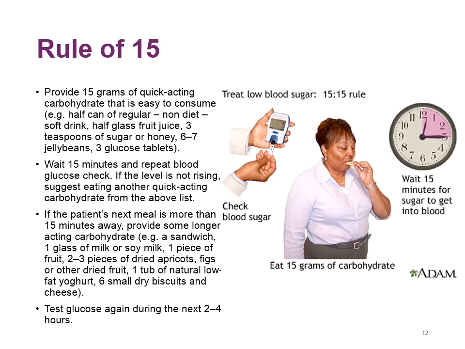And then wait for 15 minutes and recheck your blood glucose again. If your blood glucose is above 4, then see whether your next meal is 15 minutes away. If your next meal is more than 15 minutes away, then have something to eat like a sandwich, for example, while waiting for your next meal. Or if your next meal is within 15 minutes, then just wait for your next meal.